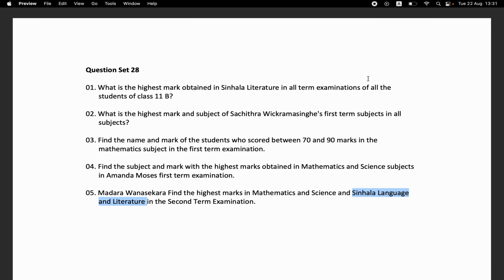The last question is, Madara Wanasekara, find the highest marks in the mathematics and science and Sinhala language and literature in the second term examination.